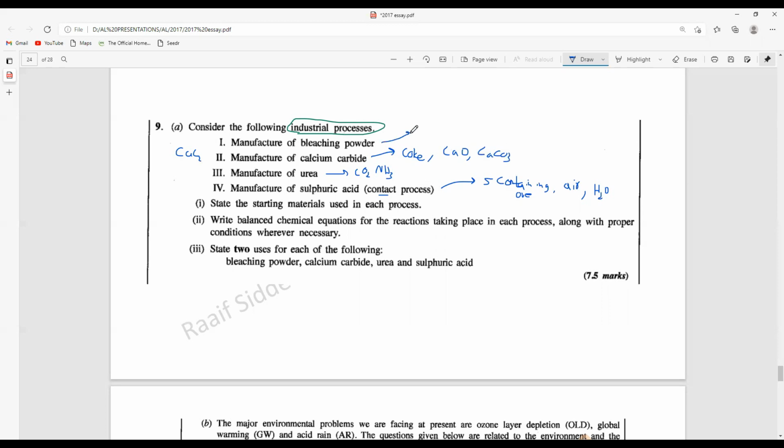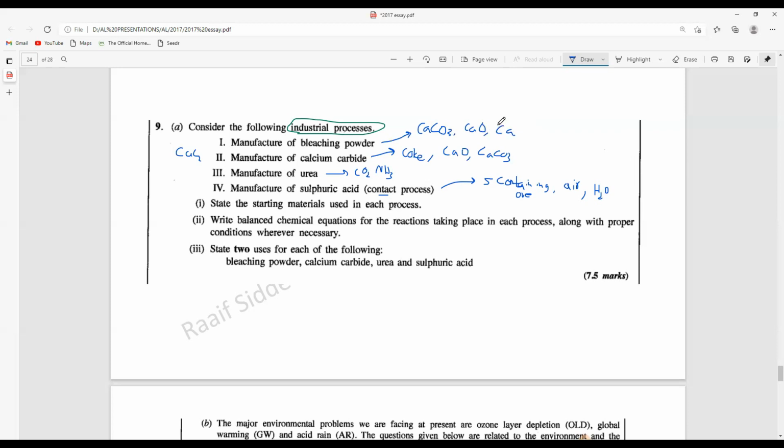And then the first one is bleaching powder. The formula is a little bit longer. For bleaching powder, you need basically calcium carbonate again, because you have to get calcium oxide, which is typically known as quicklime.